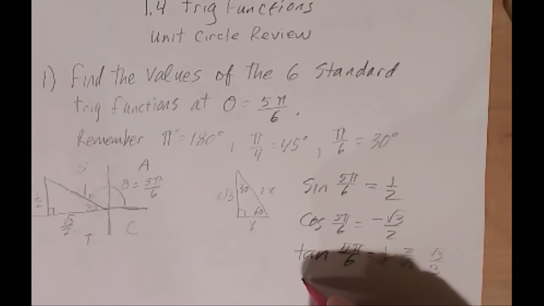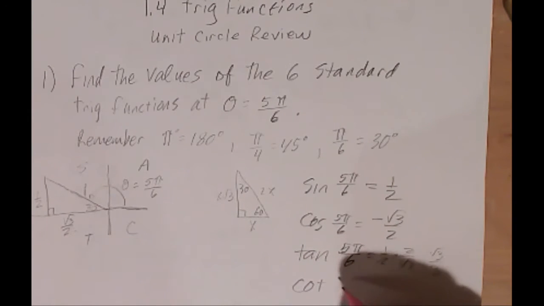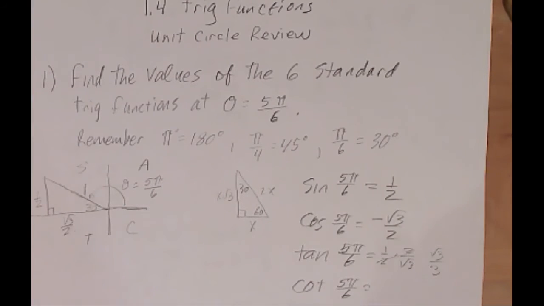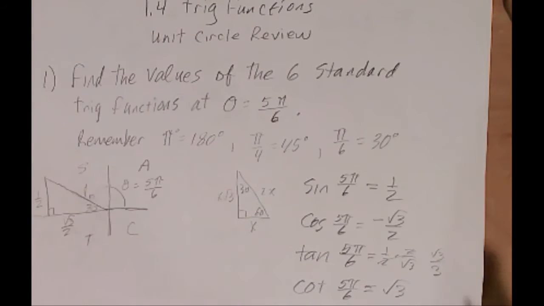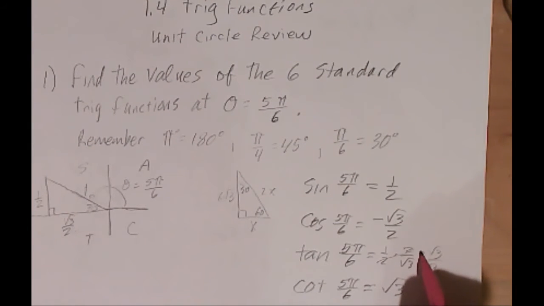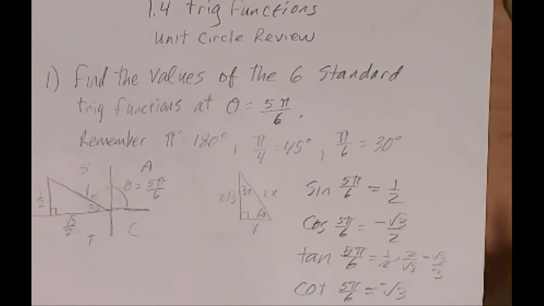And cotangent of 5 pi over 6 is the reciprocal of this one, so it's radical 3. Wait, tangent is negative, so this one's going to be negative. This one's also going to be negative.